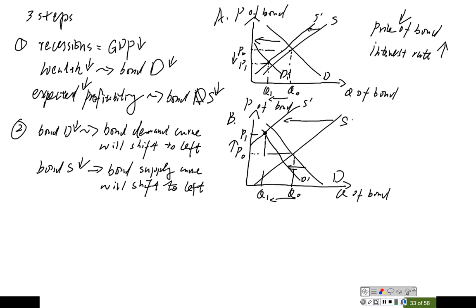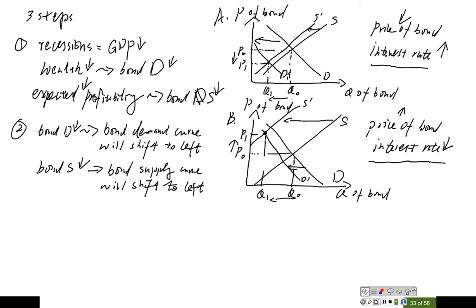In this case, the model indicates the price of the bonds, if you look at it from P0 to P1, goes up. Which means the interest rate will go down. So this is totally different from the first scenario, because in the first scenario we know the interest rate will increase, but here we know the interest rate will reduce.